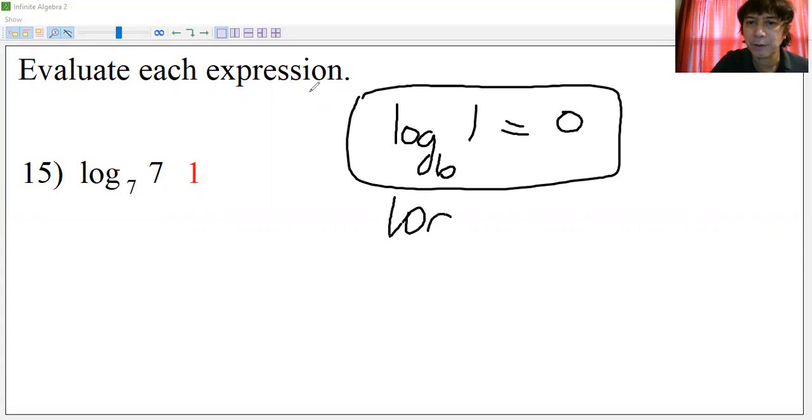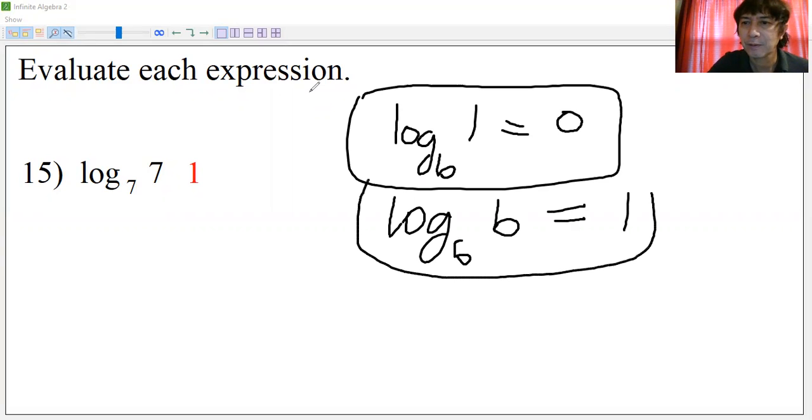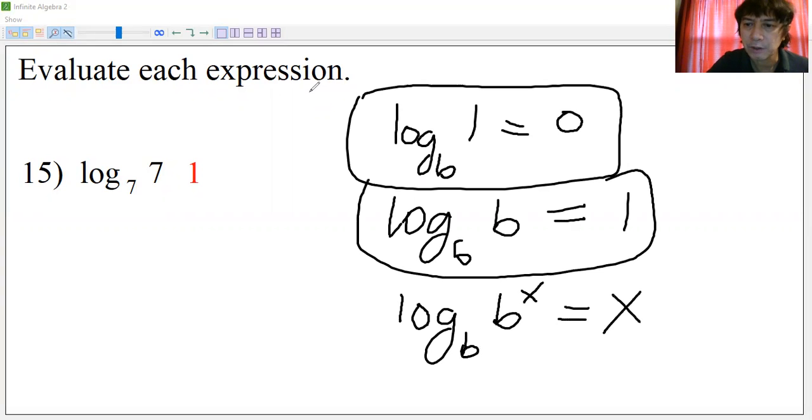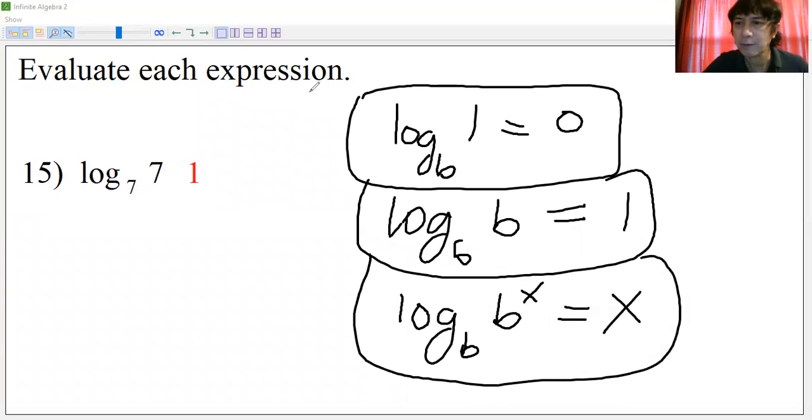The logarithm of b to the base b is 1. And the first one that we have been using is the logarithm of b to the x to the base b is x. All right, try to remember these 3.